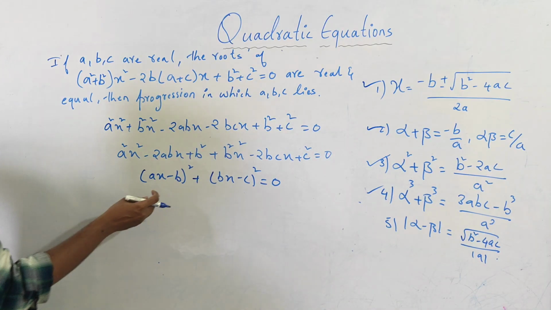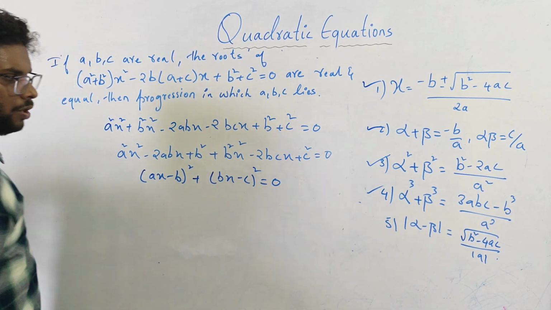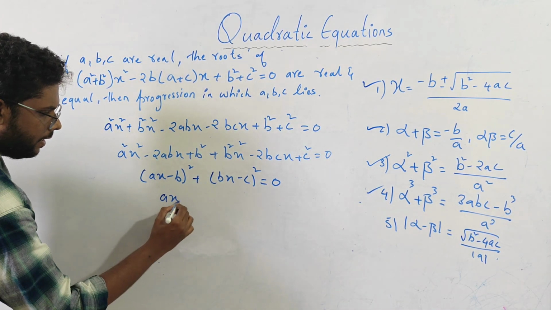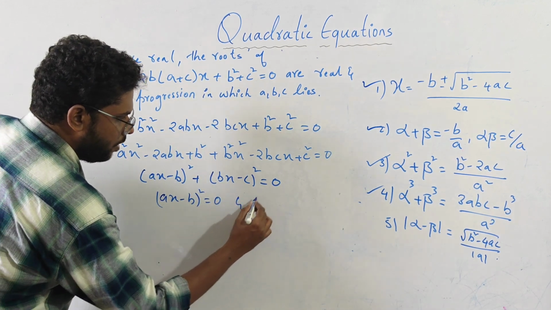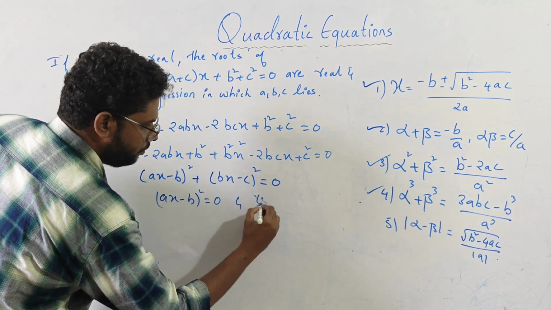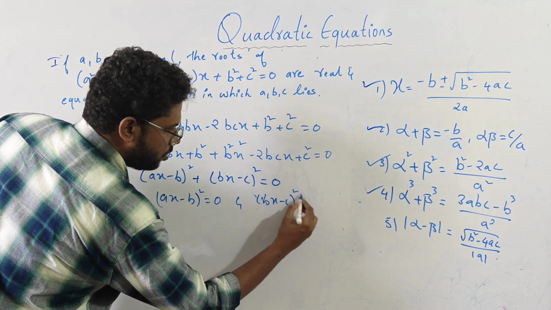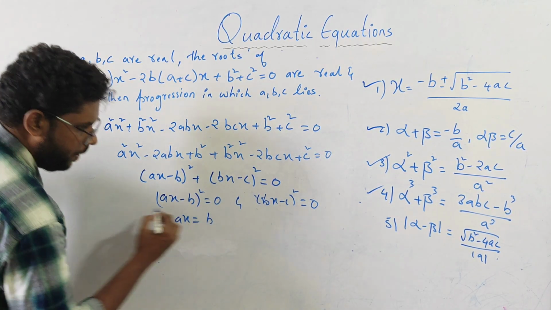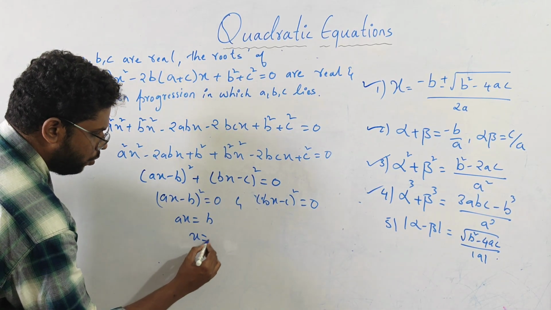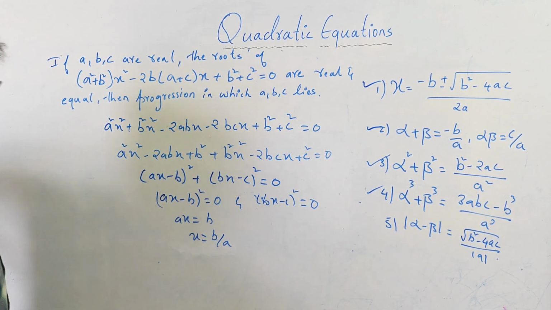Now what is this telling: this plus this equal to 0, so can I write like this, (ax minus b) whole square is equal to 0 and (bx minus c) whole square equal to 0. From that can I write ax equal to b and x equal to b by a. Can I write like this?